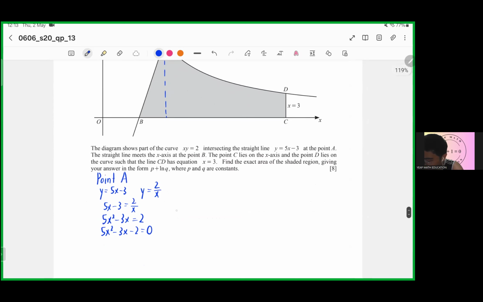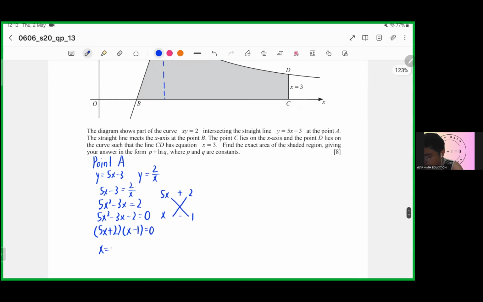And then we just, okay, use the factorization method. 2 and then 1. Okay, negative, positive. Okay, so we get negative 2 over 5 and x equals to 1.